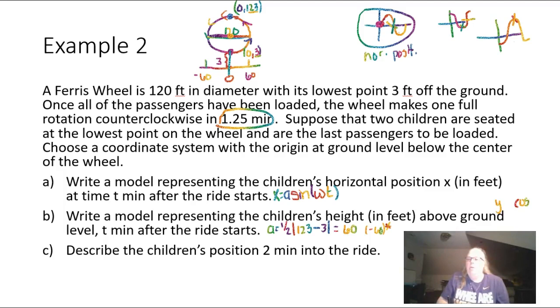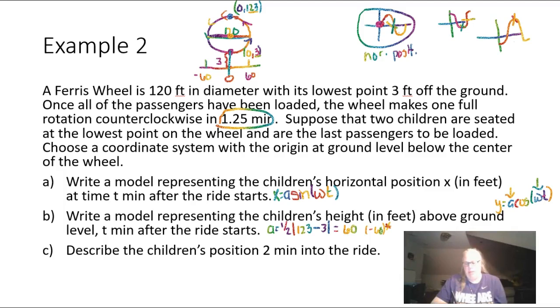And so the y-coordinate is going to be a times the cosine of omega times t. Now, conveniently, we just figured out our a. We know what omega times t is because we just did that for the sine curve. But one other thing we have to take into consideration is that there is a vertical shift, because height-wise, we're starting 3 feet off the ground.